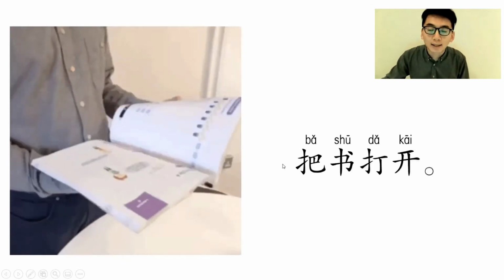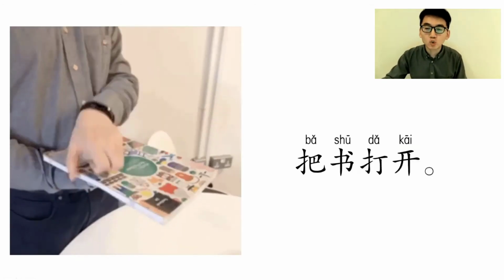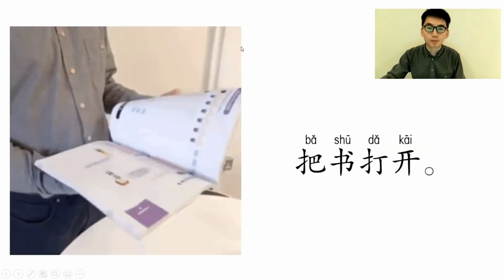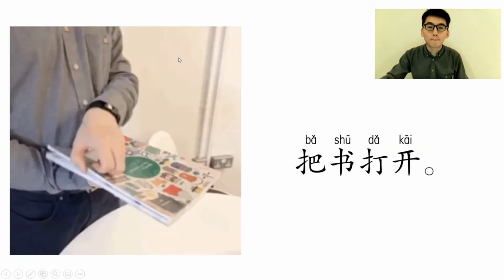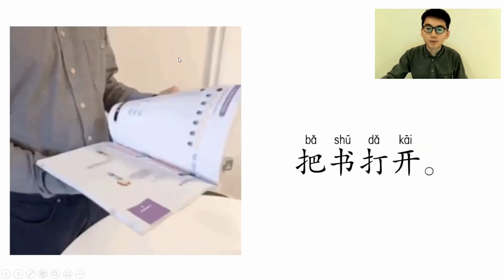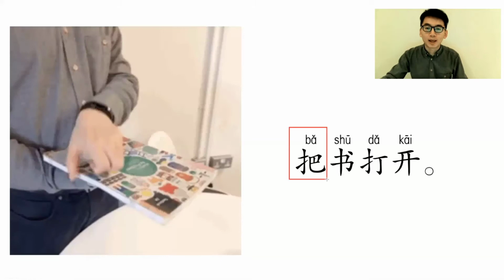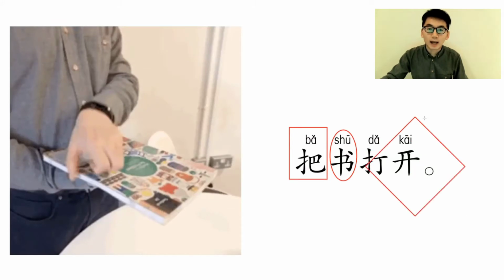把书打开. Please repeat after me. 把书打开. This is a 把 sentence. So first, start with 把, and then we add the item, which is 书, and then we add the action, which is 打开.